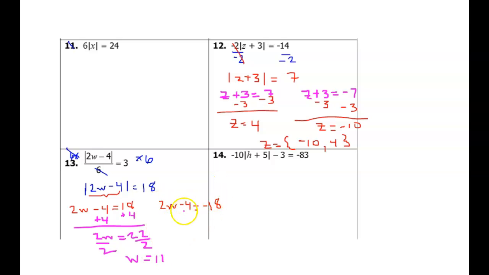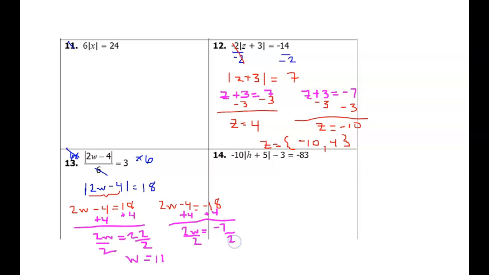For the next one, the same thing. I add 4 to both sides, but this goes a different way. I end up with 2w equals negative 7. And then I divide by 2 on both sides.